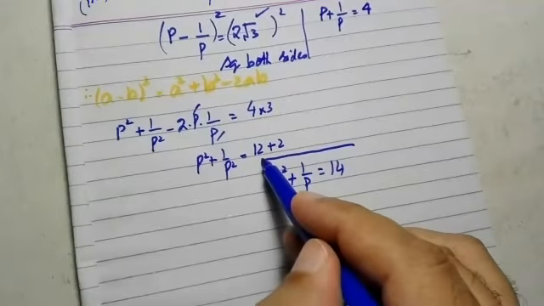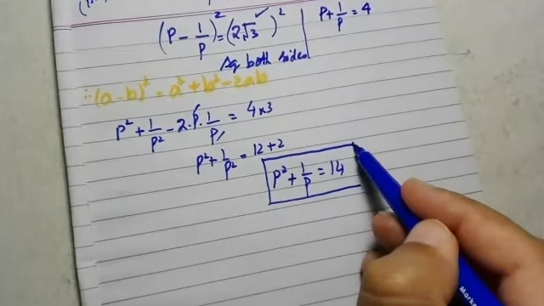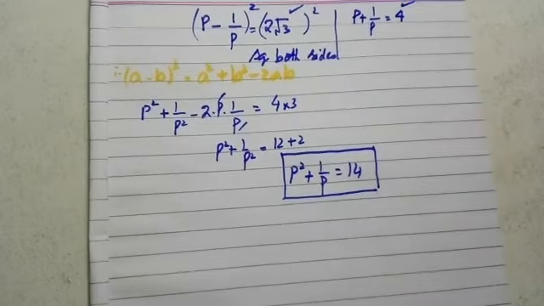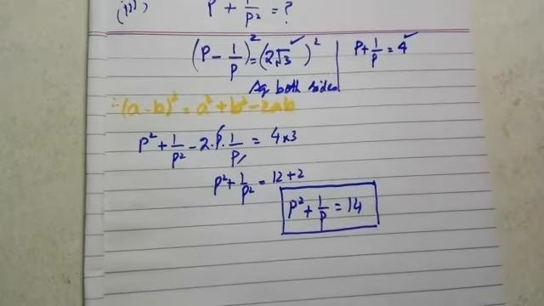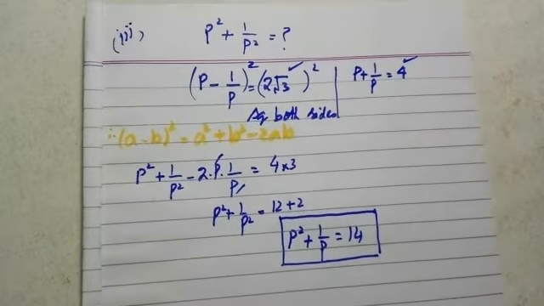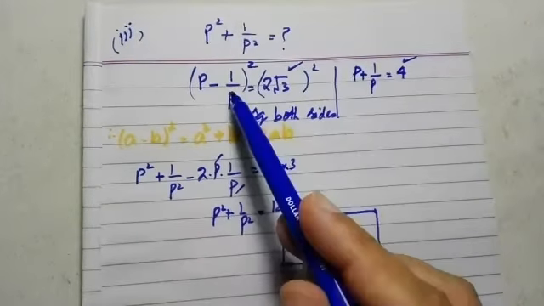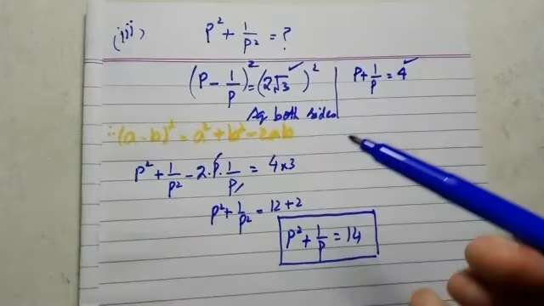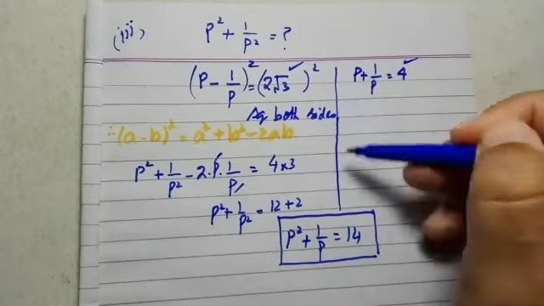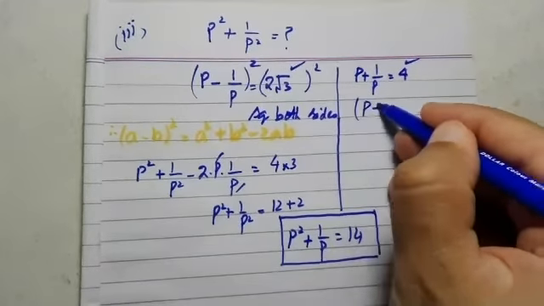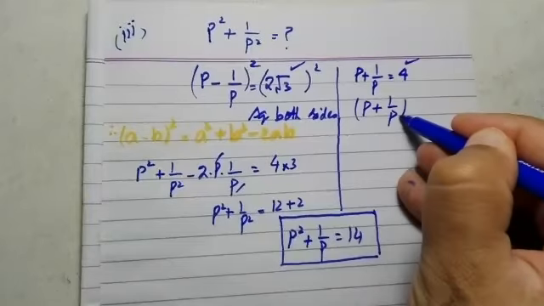So this is the required answer. This is what is required to be calculated. Okay, the whole part is right in front of you. I told you that you can use either the second part, this one, or you can use the first part. If you want to proceed from the first part, you will have to do the same thing: you will square both sides, whatever you have just calculated in the first part.